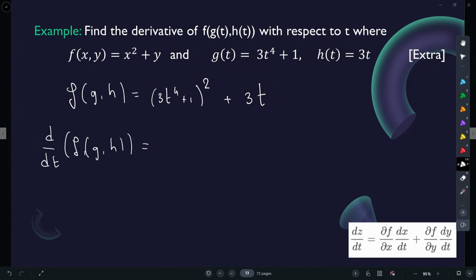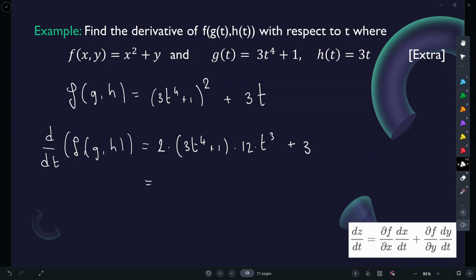Well, it has to be the derivative of x squared, which is 2x, evaluated at the inside, so 2 times (3t to the 4 plus 1) to the 1, times the derivative of the inside, which is 4 times 3 times t cubed. So it's 12 times t cubed, plus the derivative of 3t, which is just 3.